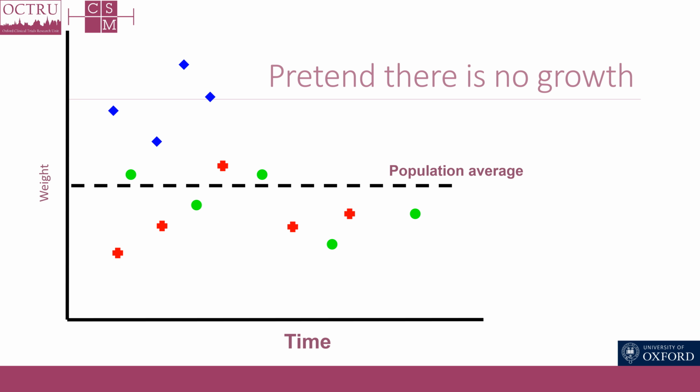Let's assume for the moment that there is no growth, so our model only has an intercept, and this intercept represents the average weight across all observations. All these observations from the different individuals have an overall average, the population average weight.